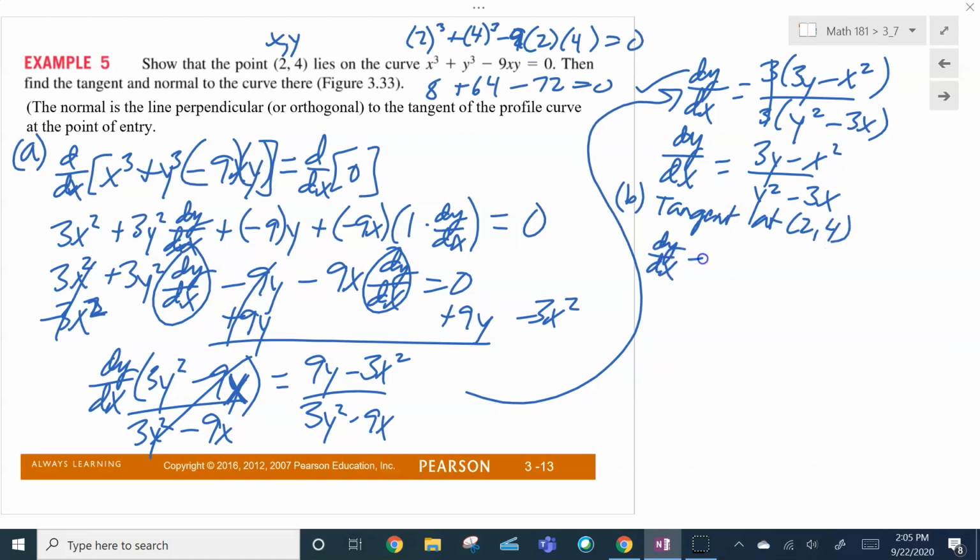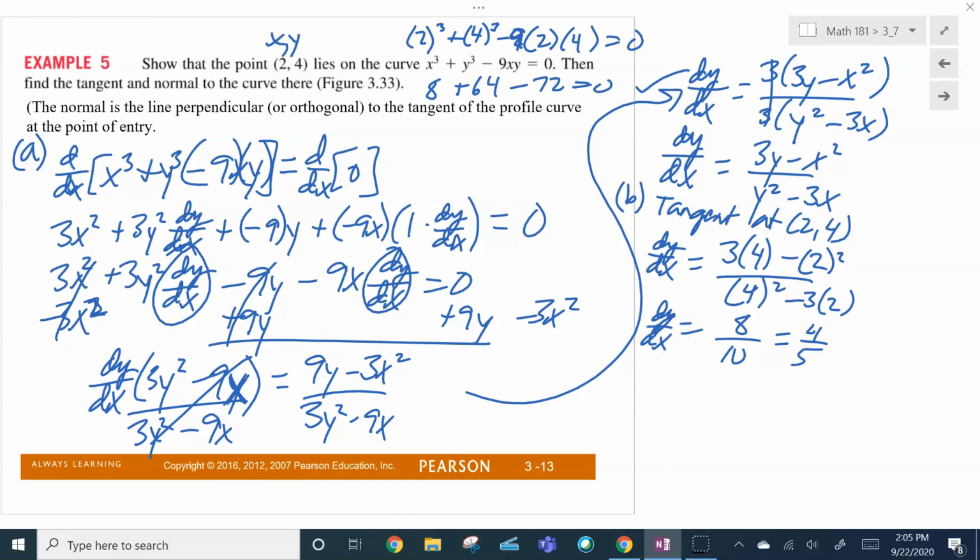Let's plug it into dy/dx: 3 times y minus x squared over y squared minus 3 times x. So it looks like we got 4/5 for our derivative.